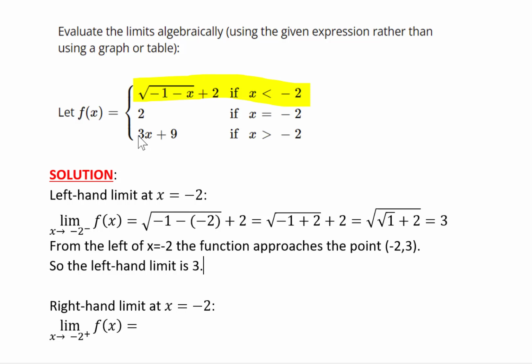Now let's take a look at the right-hand limit. For x greater than -2, the function is defined as this linear function. So as x is approaching -2 from the right, the y value of this function will approach the y value of this linear function. To find that y value, we'll evaluate that linear function at -2.